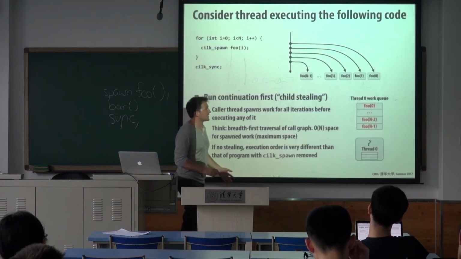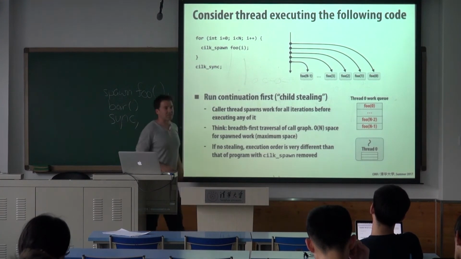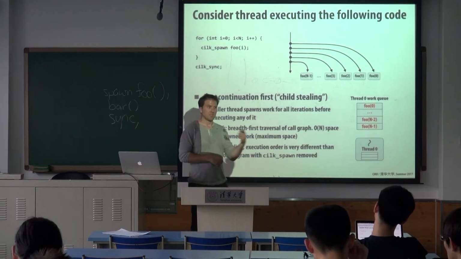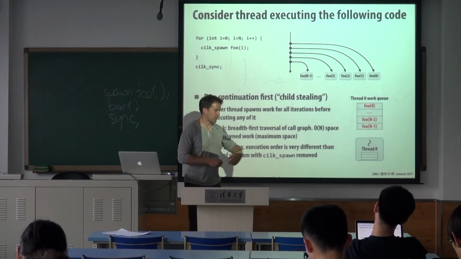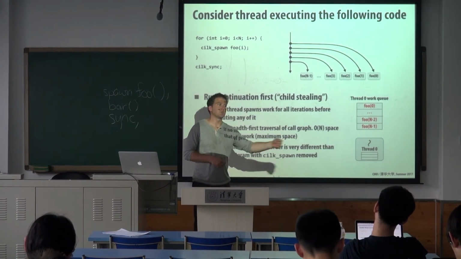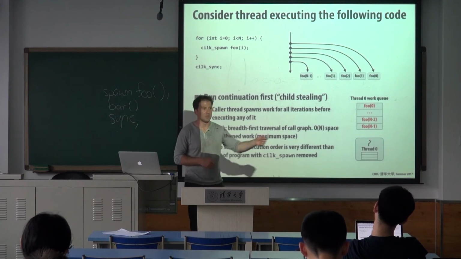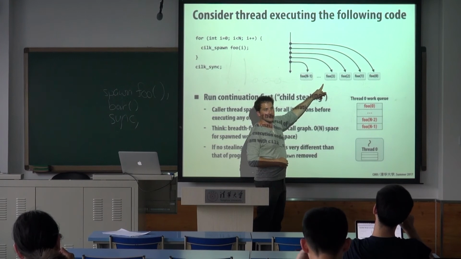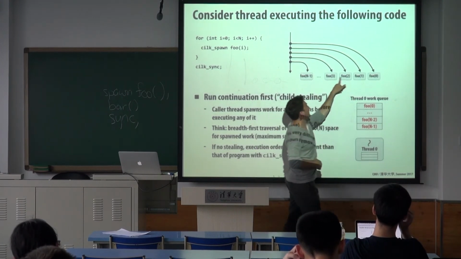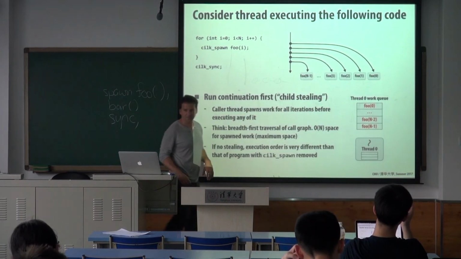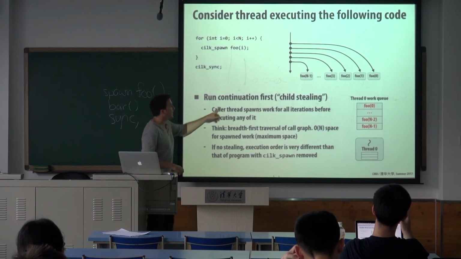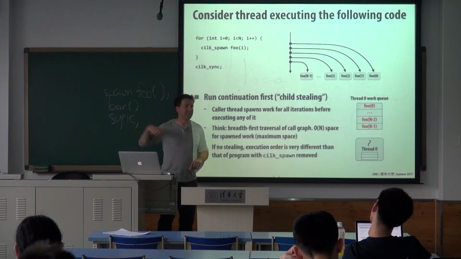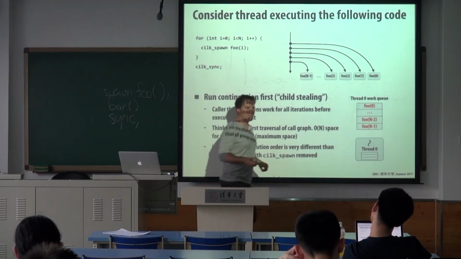So let me give you an interesting example. Let's look at this piece of code. This piece of code is in a sequential for loop for i equals 0 to 10, spawn foo 0, spawn foo 1, spawn foo 2, spawn foo 3, spawn foo 4. And that will look like this, where this is the first spawn, second, and so on. So if we run the continuation first, and that means put foo aside, look what happens.